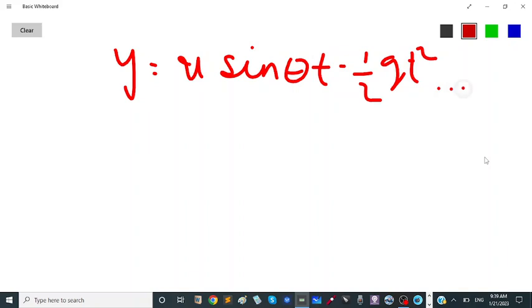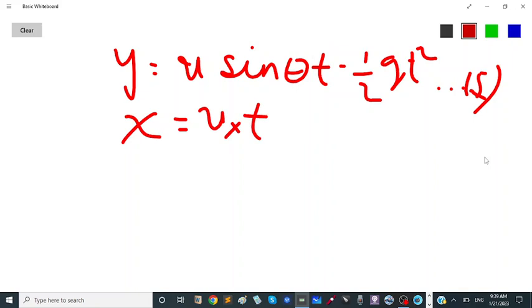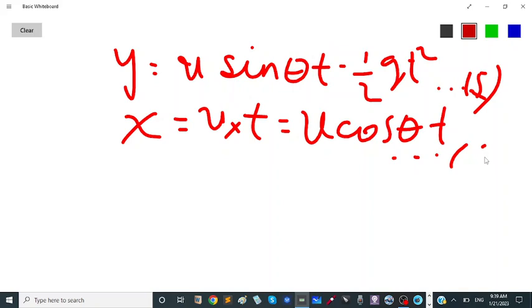Okay, this is 5. And x is what? X is given by Ux t, which means U cos theta times t. This is 6.